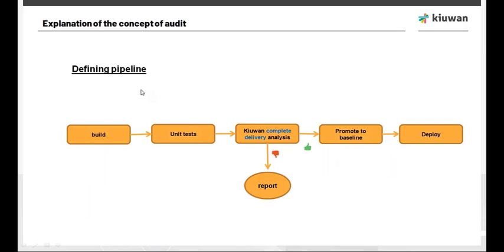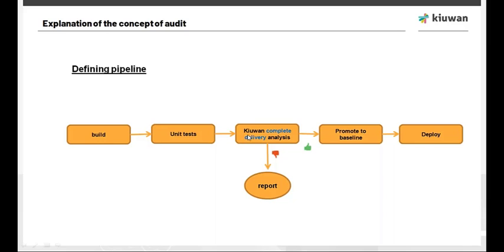A normal pipeline that you can define in your continuous integration tool is similar to this. As a first step, we can build our application, which means you can compile your application. You can run some unit tests, if you are developing in Java, for instance, then JUnit tests.